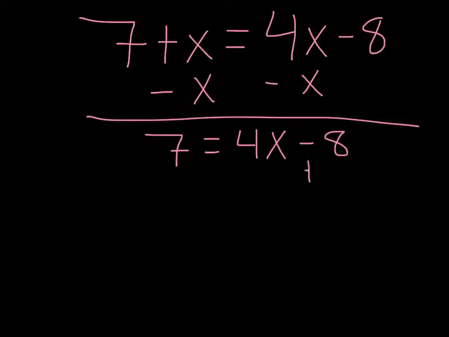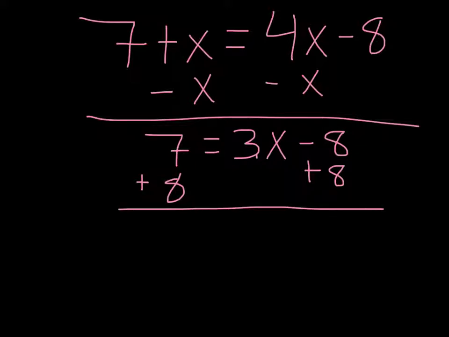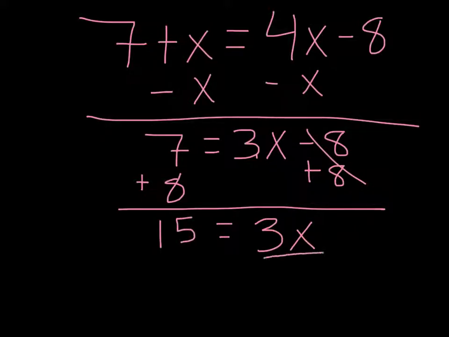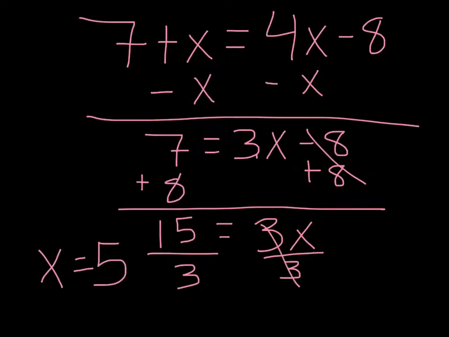Then we need to add 8 to both sides, and we get 3x equals 15. Divide both sides by 3, and our answer was correct, x equals 5. So whether you're solving it by hand, by InSolve, or by a graph, you always come up with the same answers.